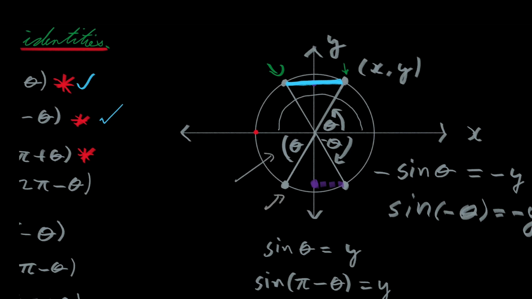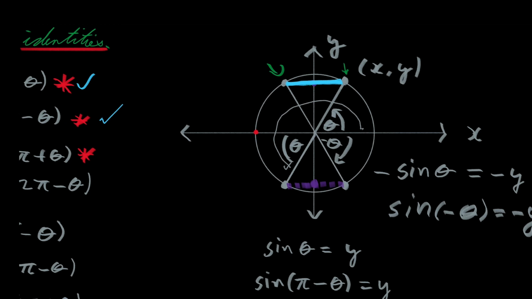Okay, so what we can do is say that this angle, that angle is pi plus theta. That's how big that angle is. And I want you to consider what its y value would be. So if we tracked across horizontally, we would get to whatever that y value is there, and it would be some negative y value.